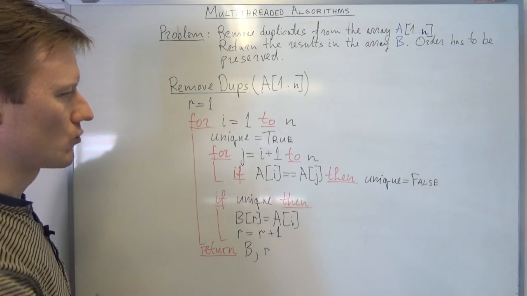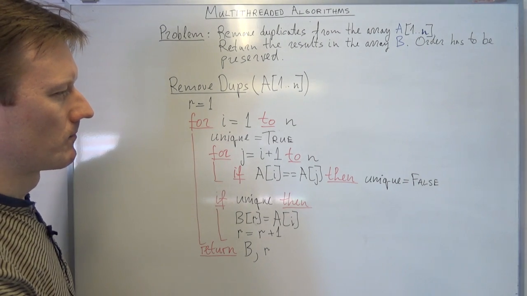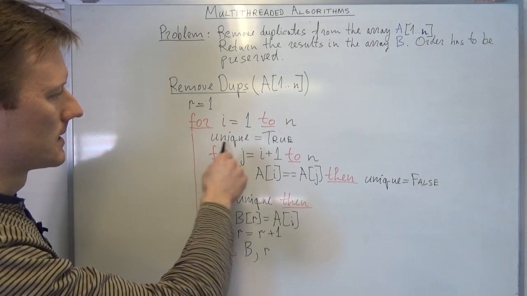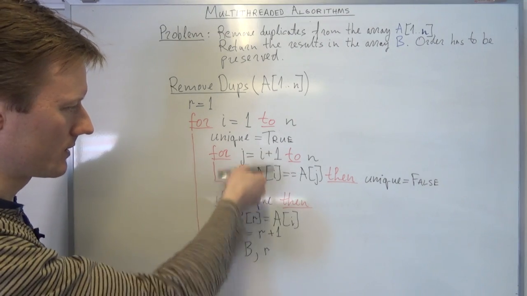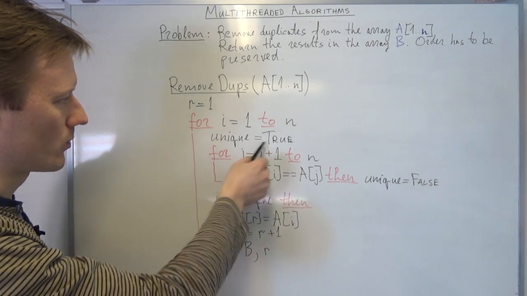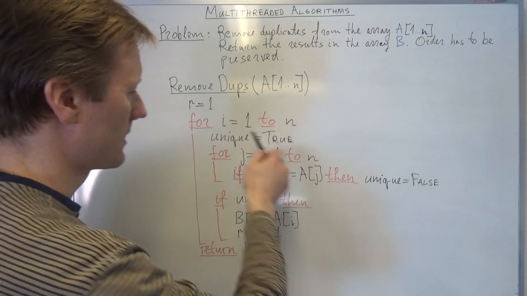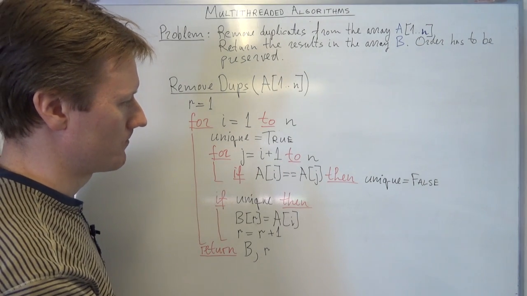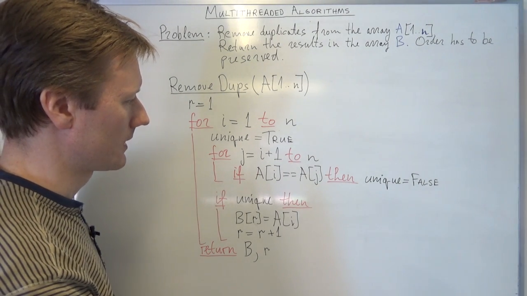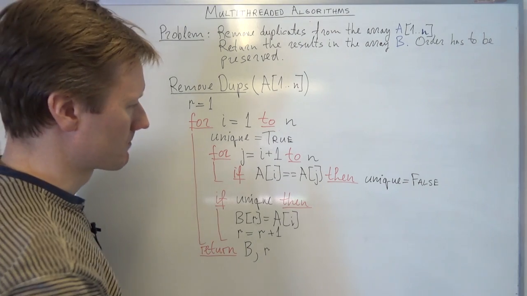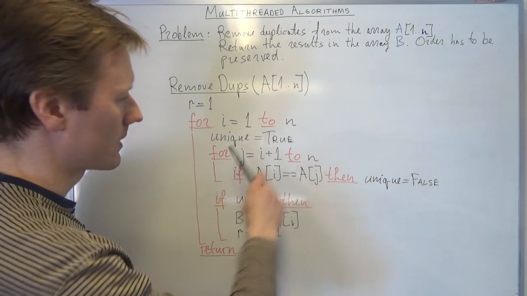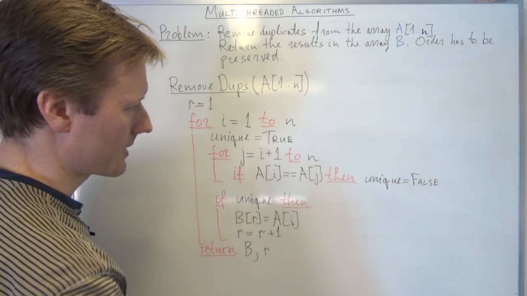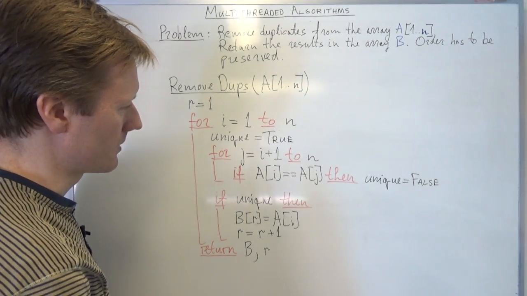How about the inner loop? All of the threads corresponding to all of the iterations of the inner loop would also access and update a global variable unique. Maybe in some specific implementation that would work, because if one of them set the value to false, we know that it's false.